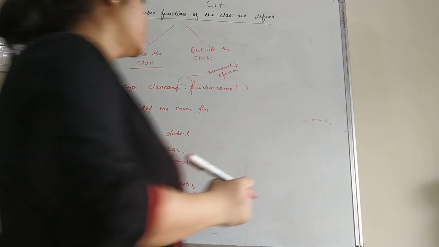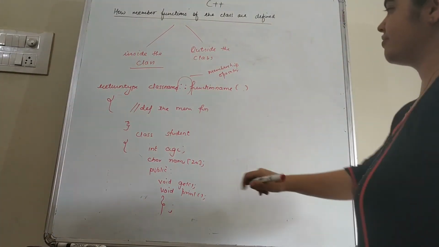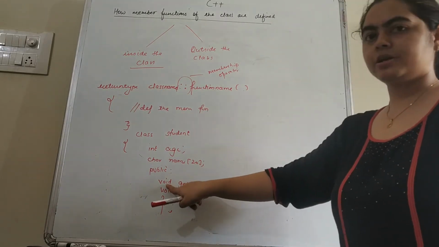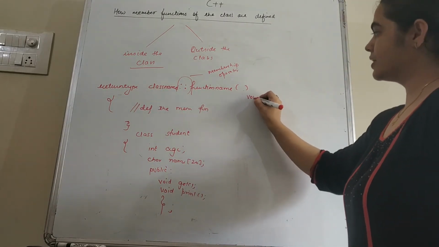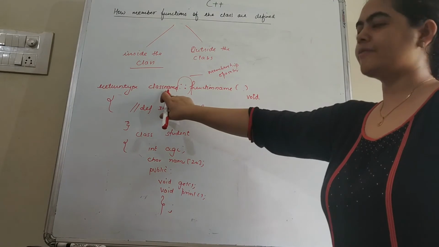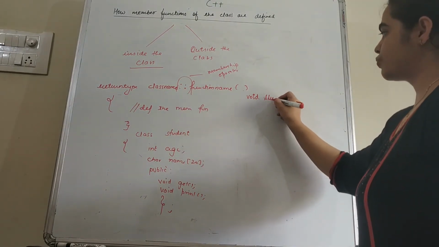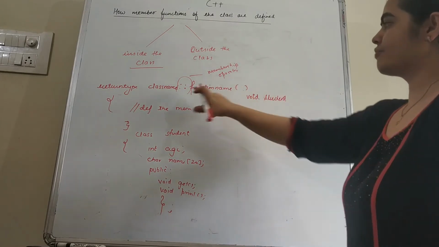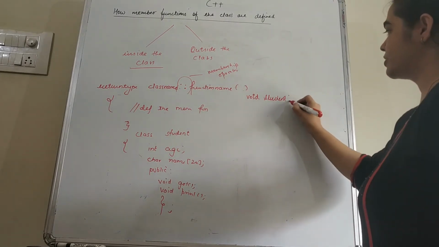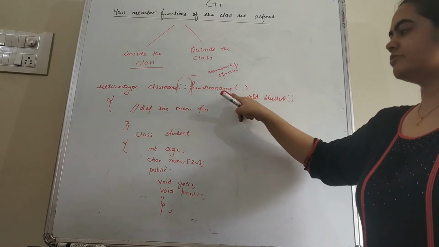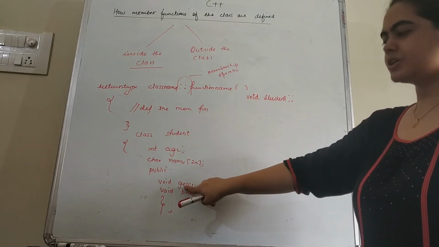After this we can define the functions. For the definition we have to write the return type. So the return type here is void, and after void we have to write the name of the class. So the name of the class is student. So void student, then we have to put the membership operator, then we can write the name of the function, which is get.